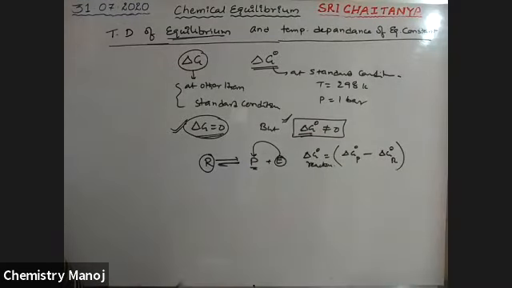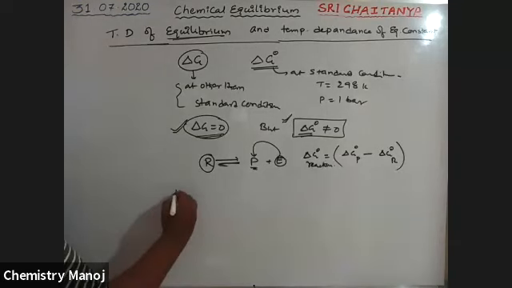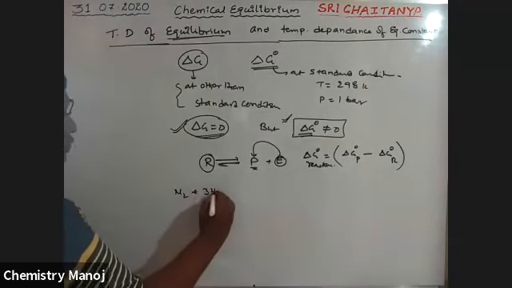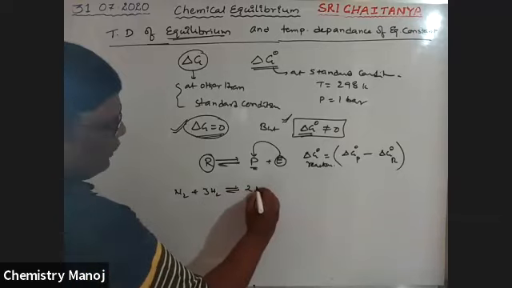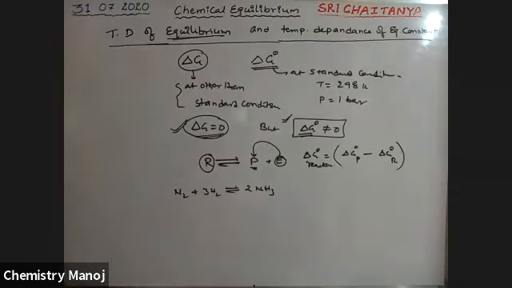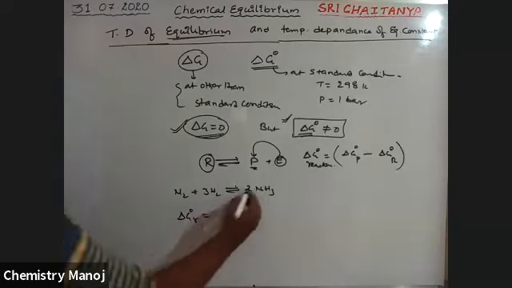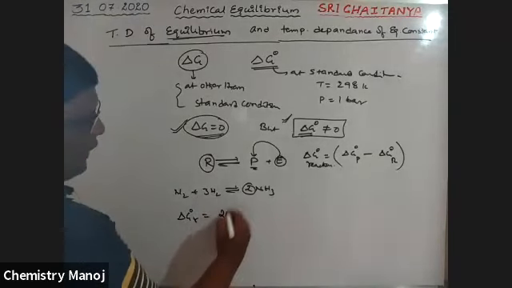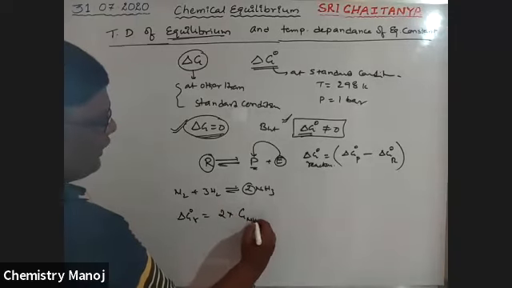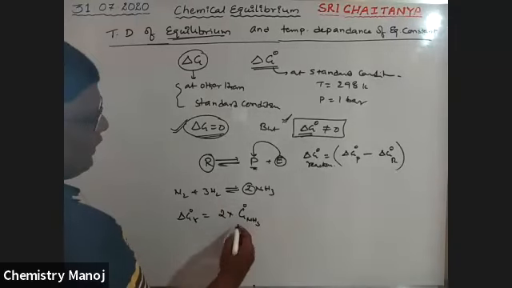Okay. So next, for example, let us consider a reaction N2 plus 3H2 reversible with 2NH3. For this, delta G naught R, R stands for reaction, is equal to 2 moles of NH3 into delta G naught of NH3.